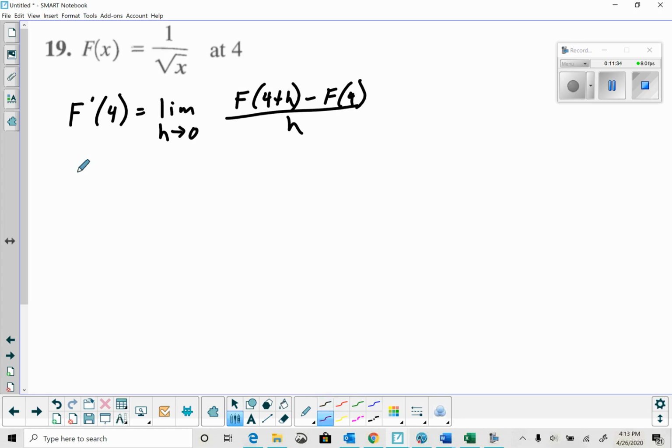I need more room. Oh, yes, let's go to purple. The limit as h approaches 0 of f of 4 plus h becomes 1 over the square root of 4 plus h minus 1 over the square root of 4 all over h.